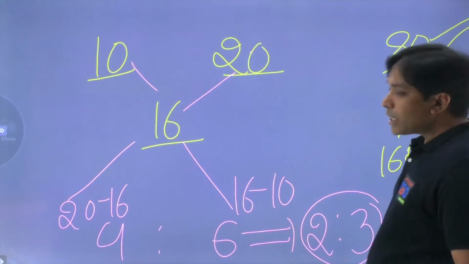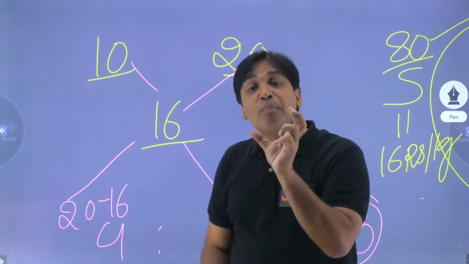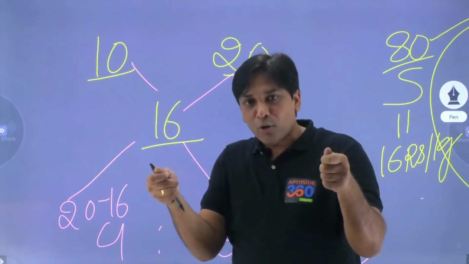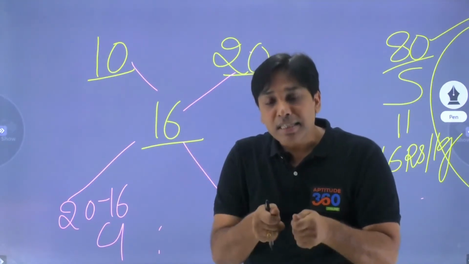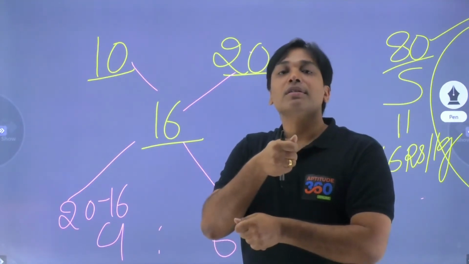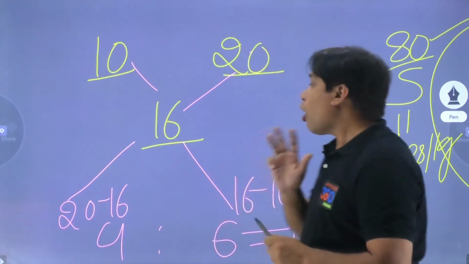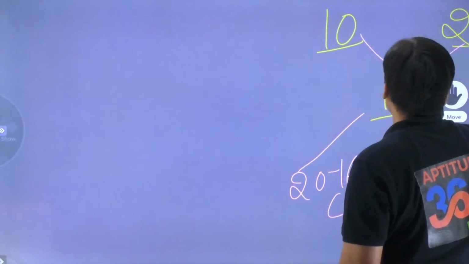So what is the benefit of using this method? The benefit is आपको बार बार उसको रिवर्स करने की जरूरत नहीं पड़ रही है. जो स्ट्रेट लाइन मेथड में क्या हो रहा था, we used to find the ratio of distances and then we used to reverse it. मैं कह रहा हूं इस वाले मेथड में हमारे को ये सब कुछ करने की जरूरत नहीं है. All that you have to do, you have to write your values accordingly.